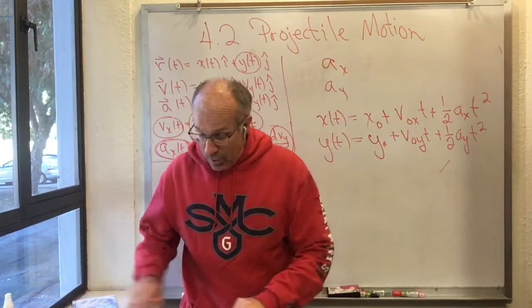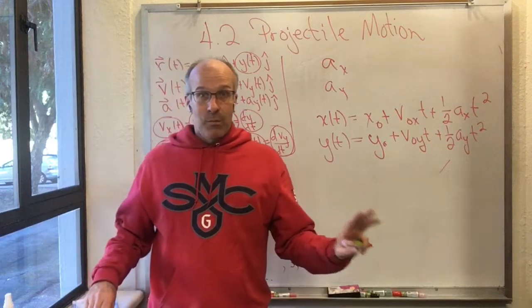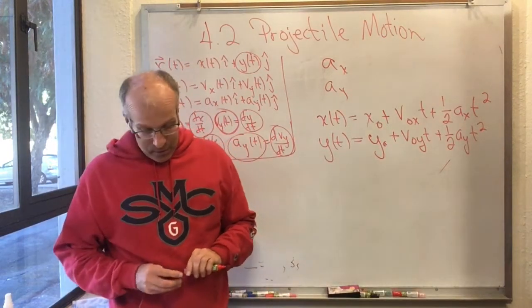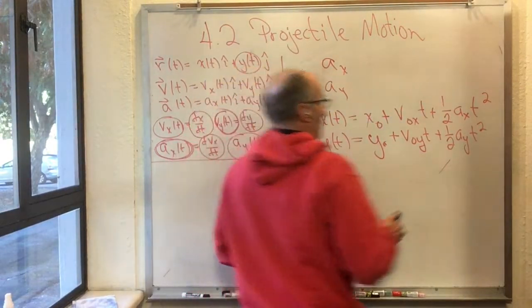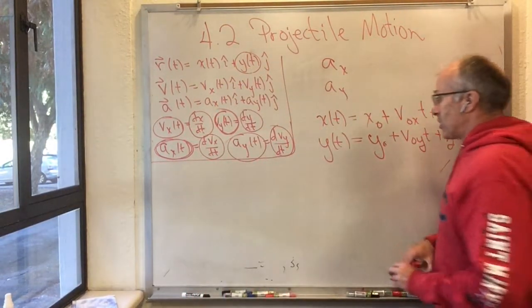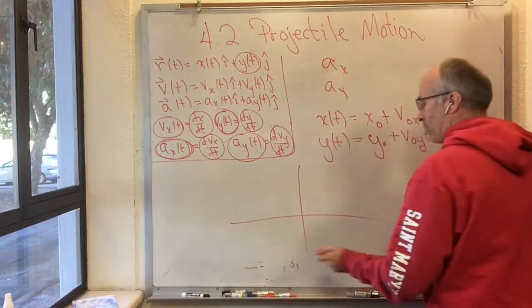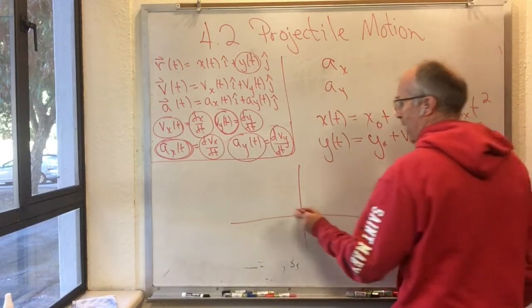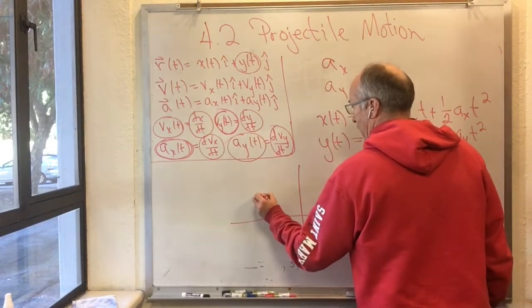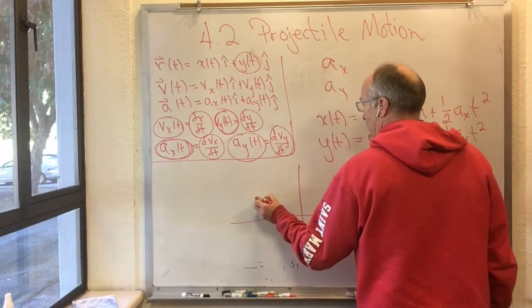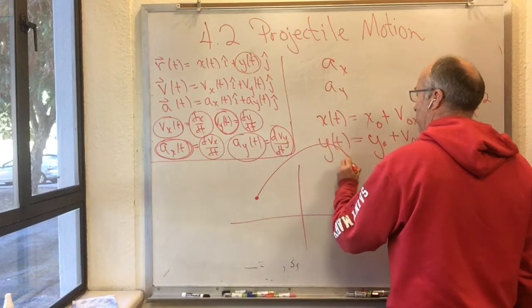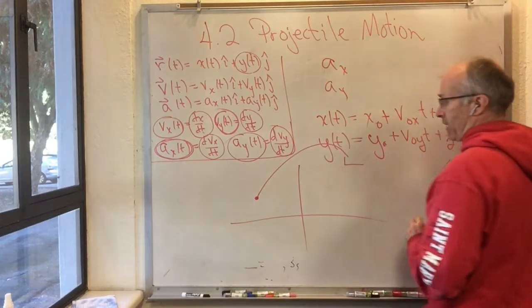Now, 4.2 is actually just a simple special case. In the case of 4.2, there's no acceleration in the x direction. So 4.2 is what we call projectile motion. It's like I have a baseball, I may be standing out here on the street, I throw it up towards my buddy who's up here on the balcony.